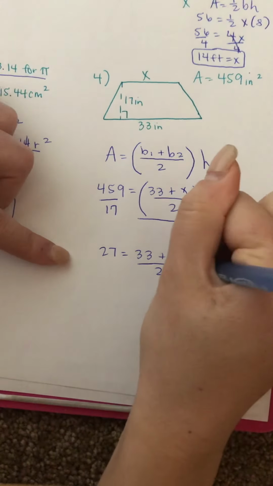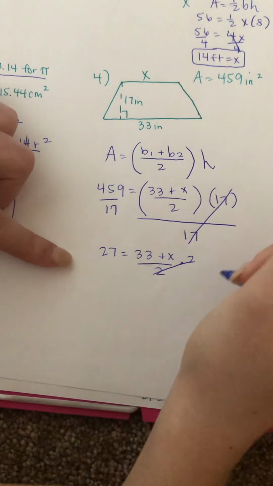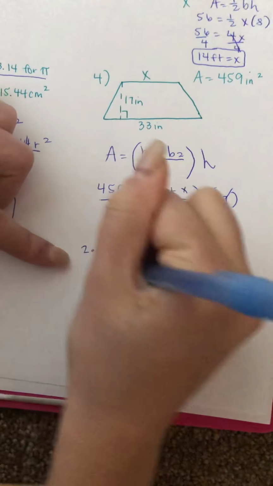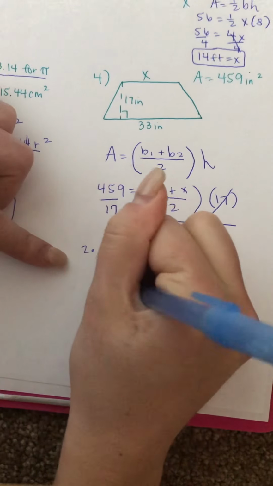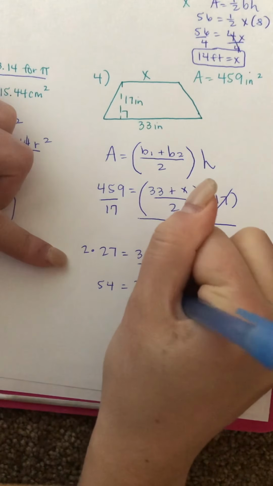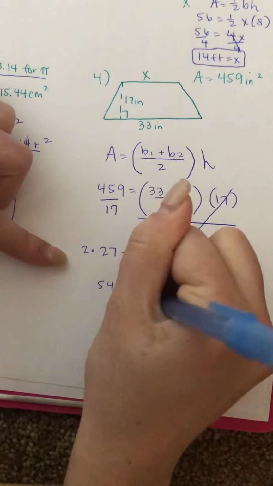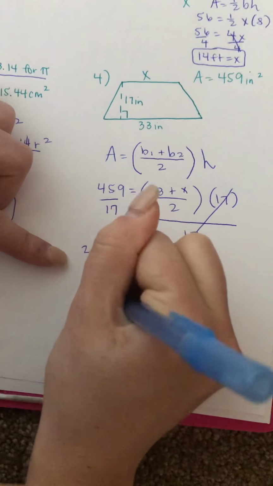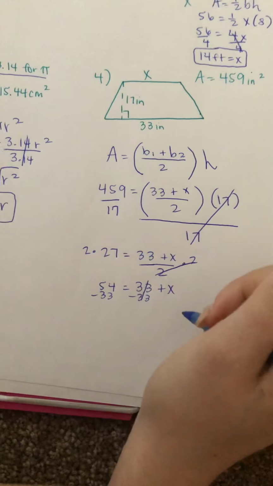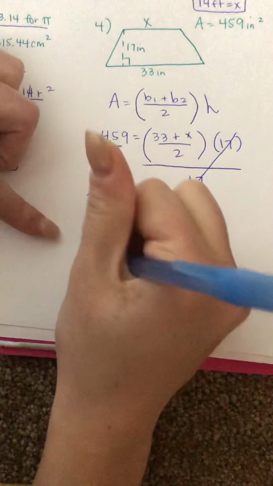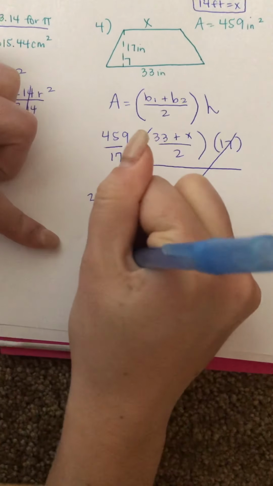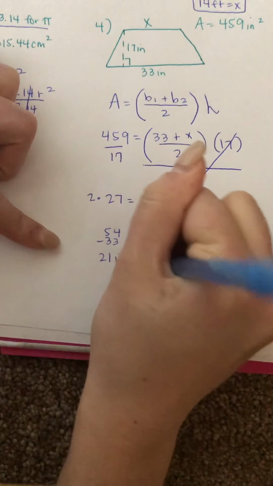Okay, to continue solving, we're going to multiply both sides by 2, get rid of that denominator, giving us 54 equals 33 plus x. Subtract 33 from both sides, and that's going to leave us with 21 inches equals x.